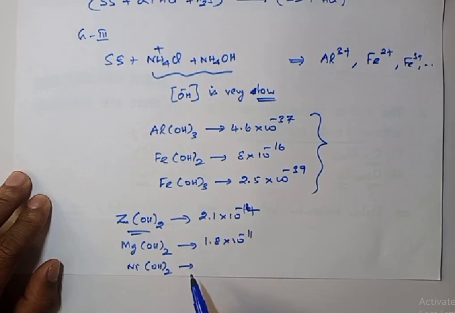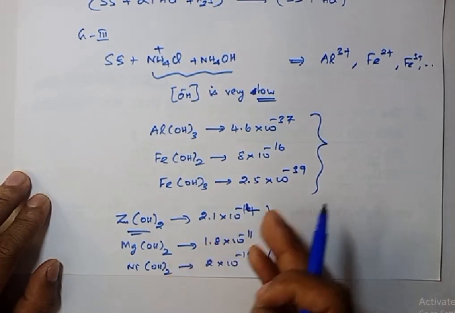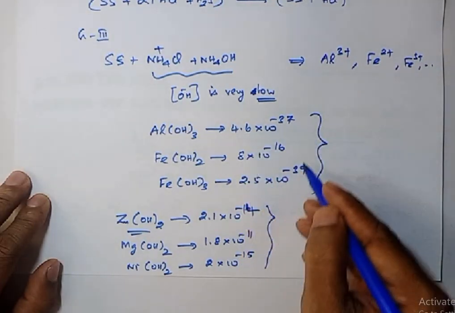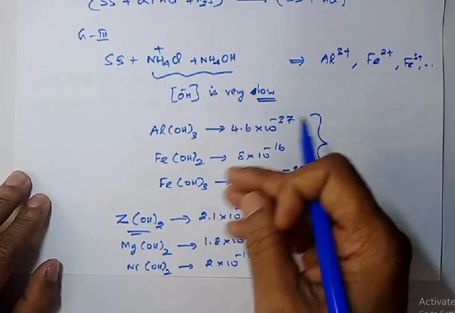And for nickel hydroxide, the value is 2 into 10 to the power minus 15. See the values. The values are quite high compared to these. So for the hydroxides of these metal ions, the Ksp value is very high.